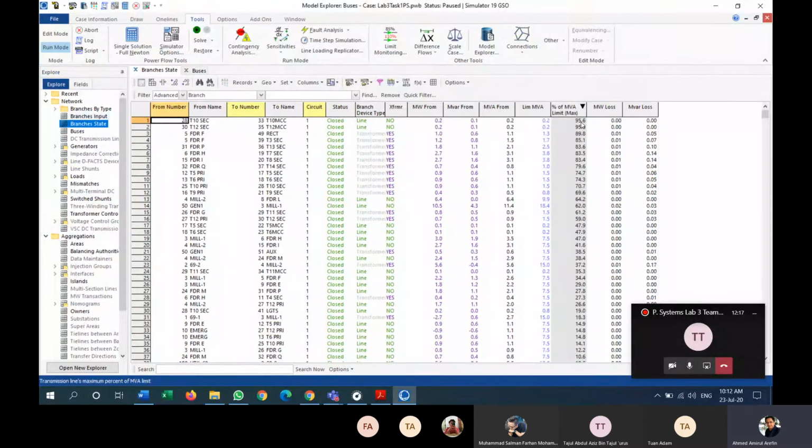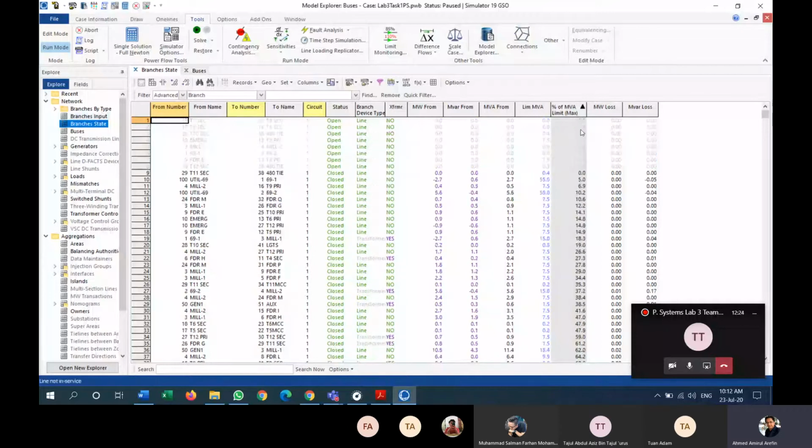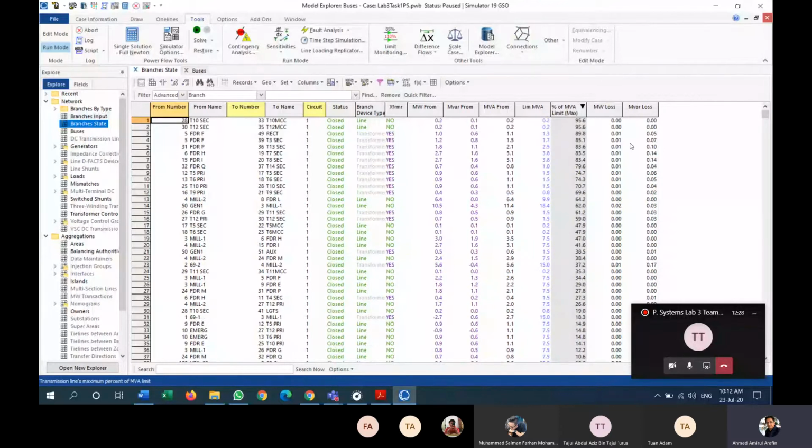This is the highest, for bus number 28, which is 95.6, and this is the lowest one, which is 0. So no MVA exceeds 100%. All are in the range. We don't have any issues so far. But once you have any issues, then you need to improve it.